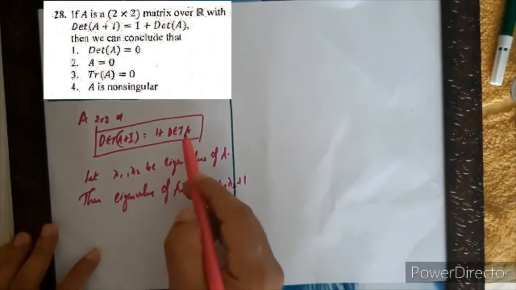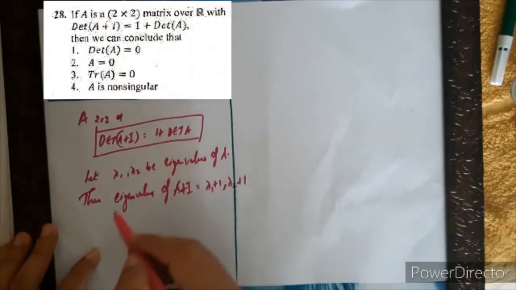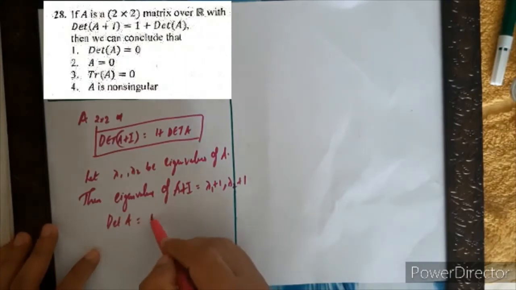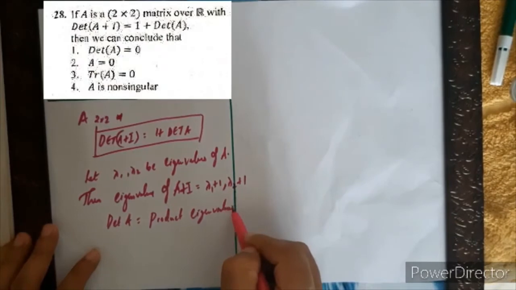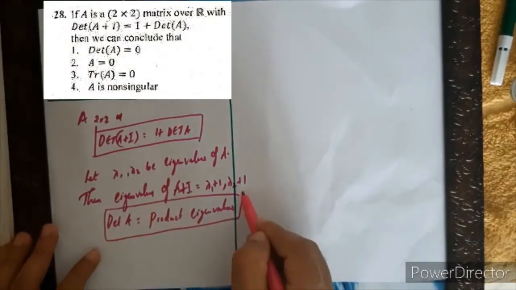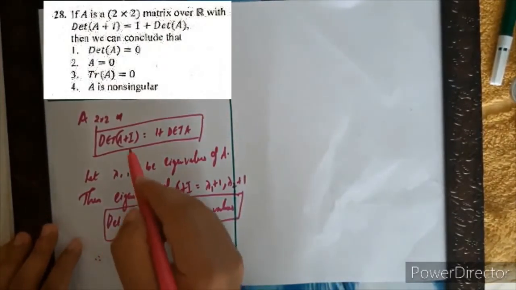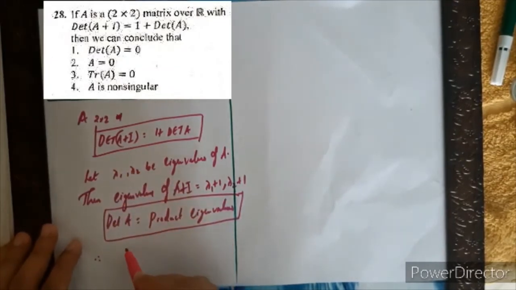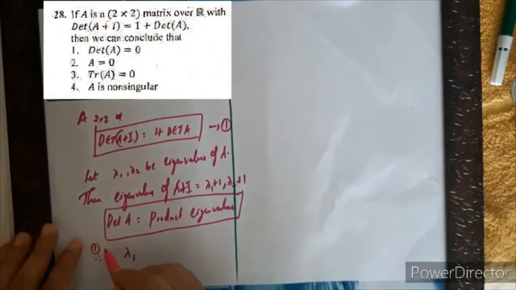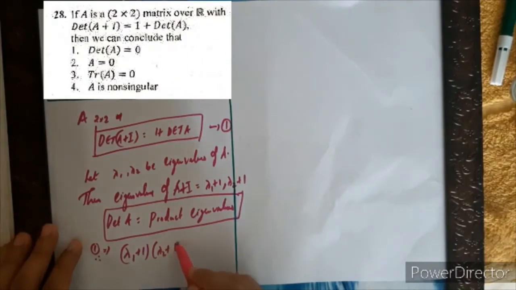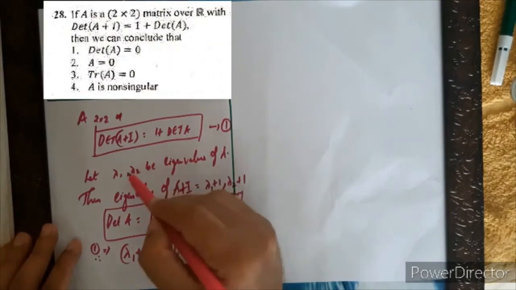We know that determinant of A is equal to the product of eigenvalues. That is the theorem. Therefore, if we put this condition, determinant of A plus I is 1 implies lambda 1 plus 1 into lambda 2 plus 1 is equal to 1 plus determinant of A.